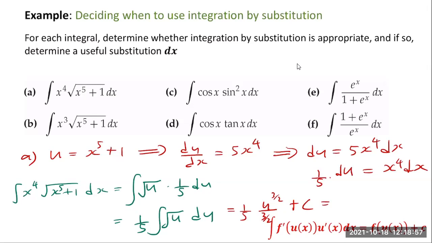This will be 1/5 times, of course, your u is x to the power 5 plus 1, to the power 3/2 divided by 3/2 plus c. That's your answer.